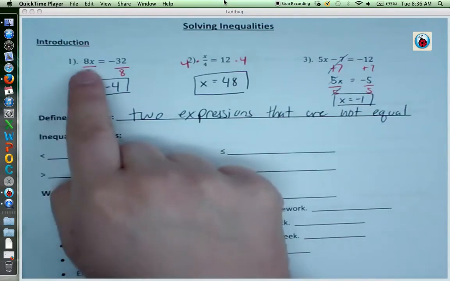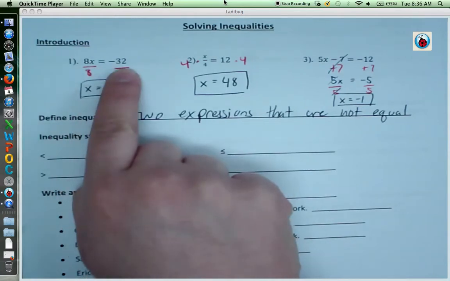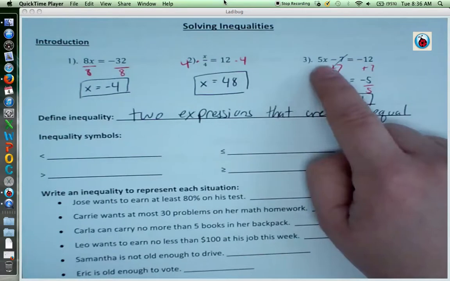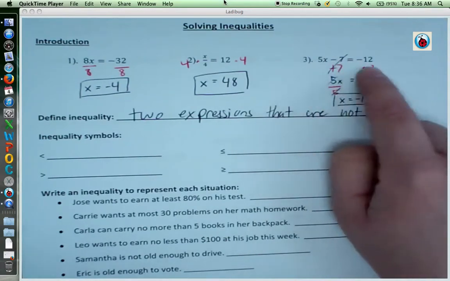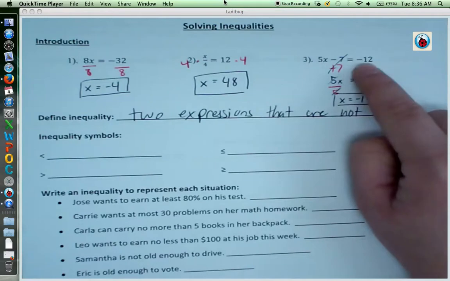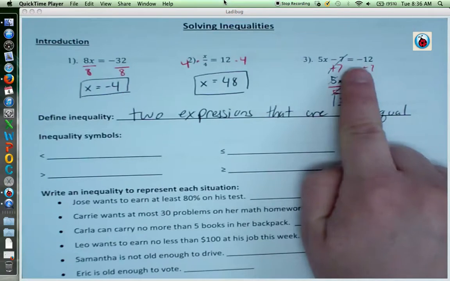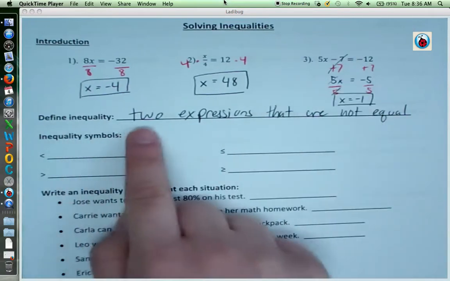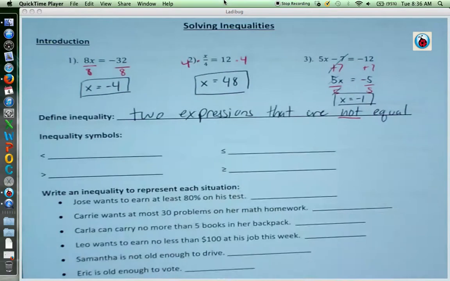So 8x, or 8 times x, is an expression, and that is equal to -32. In number 3, 5 times x minus 7 is an expression that is equal to -12. So equations have 2 expressions that are equal to each other. An inequality has 2 expressions that are not necessarily equal to each other.